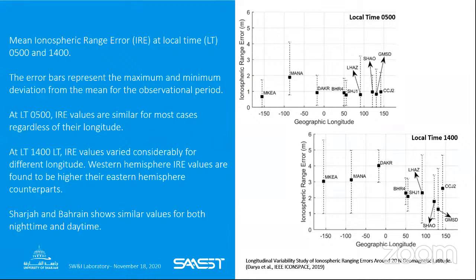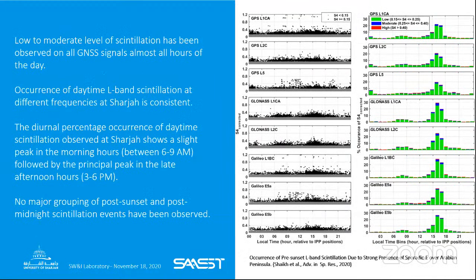And at the same time, we can compare how we are performing compared to the West, the African or South American or North American region, or the East, the Asian region. Usually we found that the African region has larger ionospheric range errors compared to the Asian region. This is another very important result that we published in a conference.